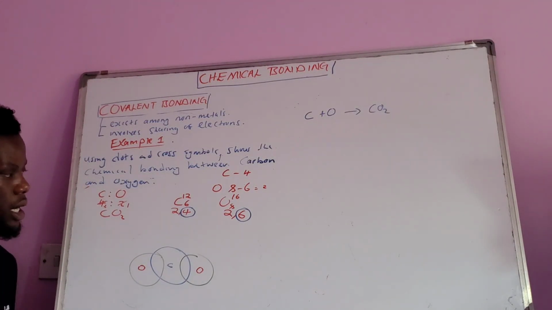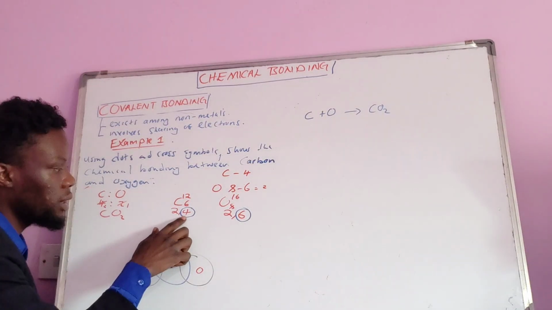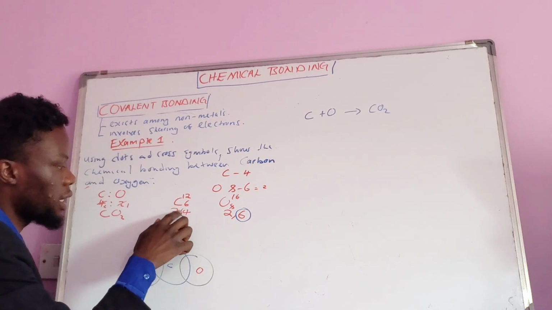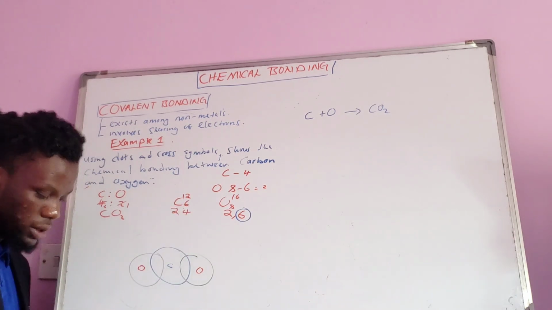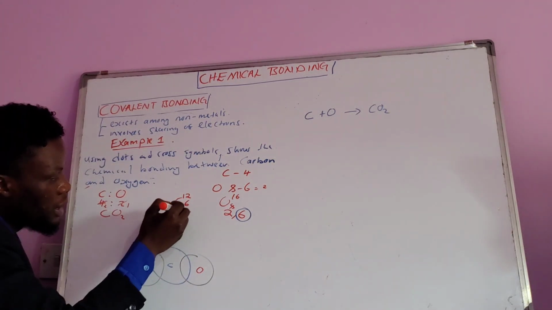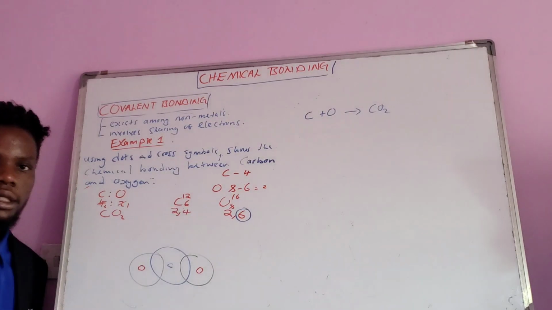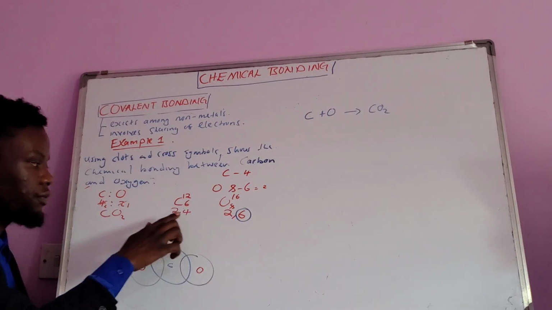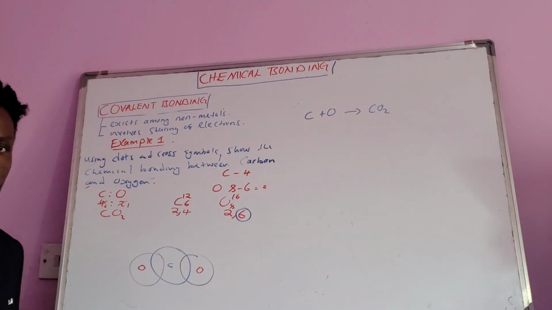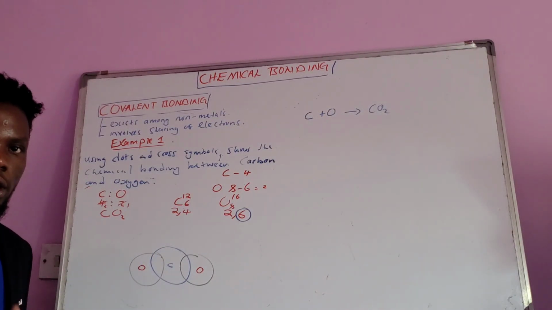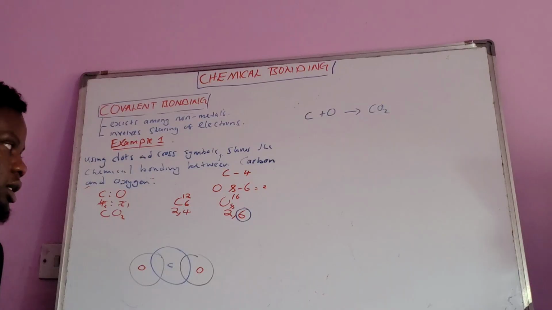Then after you do that, this is the critical moment that you need to understand. If you look at carbon in the last shell, it has 4 electrons. Now, for carbon to be stable, how many electrons does it need? Remember that in the second shell, for an atom to be stable, it has to have about 8 electrons.